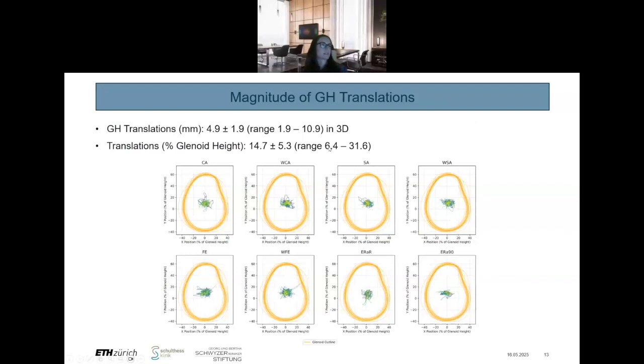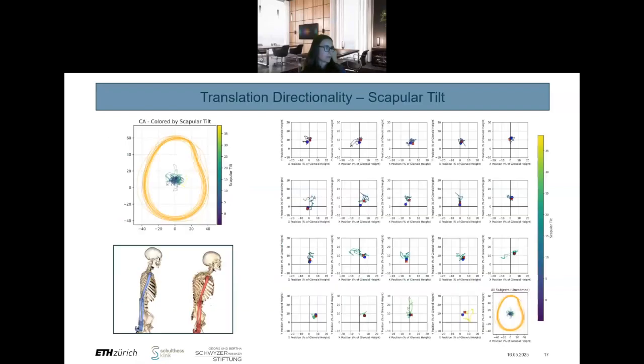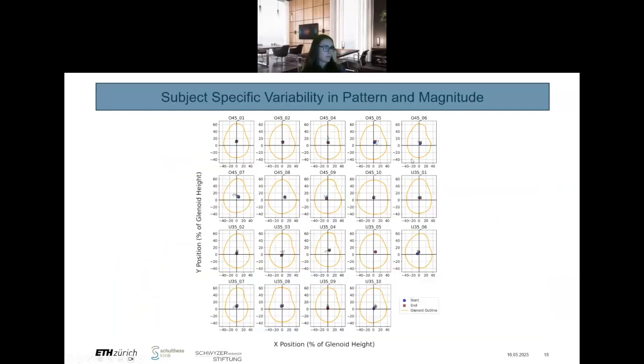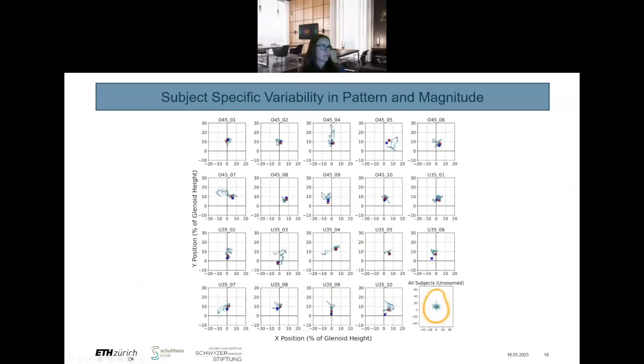So in percentage, 6.4 to 31.6, and then in absolute up to 11 millimeters. And you can also see it in terms of, hopefully these aren't too faint, you can see in some subjects it's really small, and in some you really see the traces in the non-zoomed, and then here in the zoomed you can see, again, this is percent glenoid height, it's very, very minimal in some subjects and quite large in a few of them.